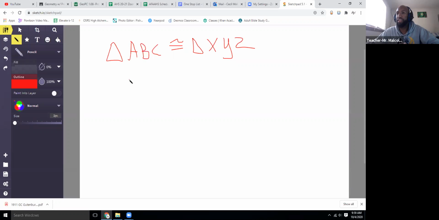Now for the most tricky part, I'm gonna leave this up on the screen. I'm just gonna write it and you determine if it is congruent or not. I'll give you a couple seconds to figure that out, then I'll tell you, okay? So, angle CAB is congruent to angle ZXY.